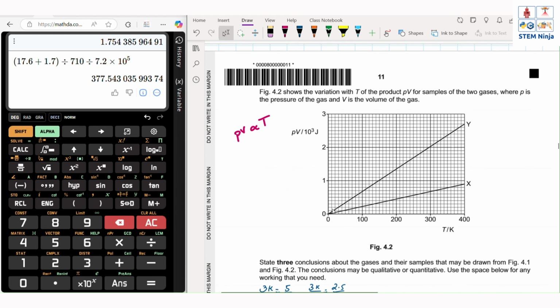Now let's look at the other one, PV against T. We know the relationship. That is simply PV equals NkT, which means that N and k are the gradient. So the N is different over here. Let's see this again. This is 0.9 and 2.5, 2.6, 2.7.